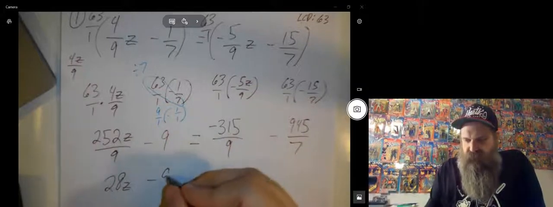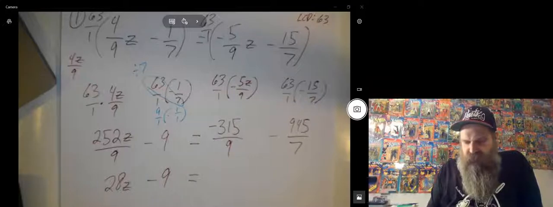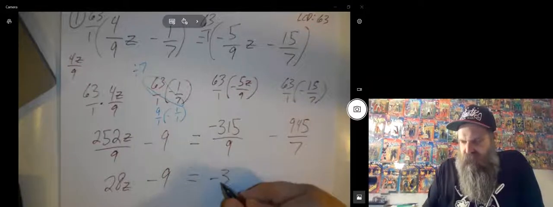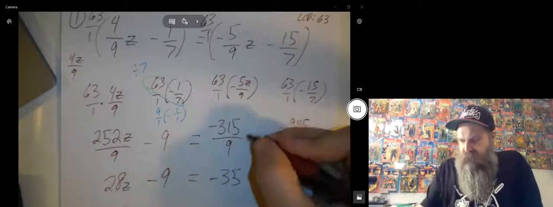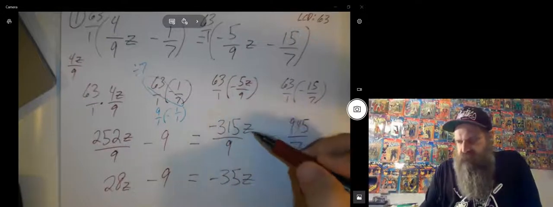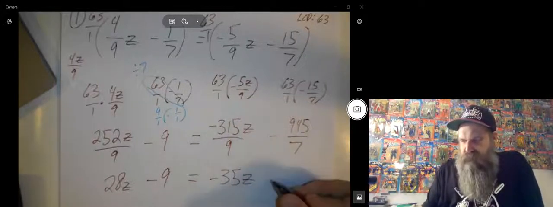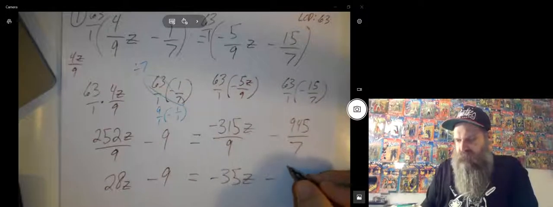It carries down as minus 9. 315 divided by 9 is a negative 35. Ooh, I forgot my z. And then finally, 945 divided by 7 is 135, with the minus.